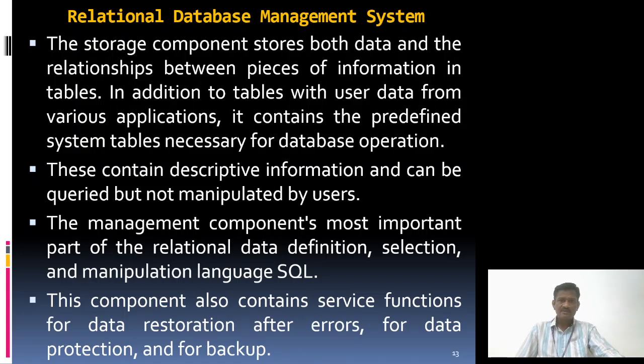The management component also includes SQL engine for data definition and manipulation, tools for backup, data recovery, and protection mechanisms. These features ensure the database remains safe and consistent even during failures or heavy use. Actually, the management component is the most important part of the relational database.